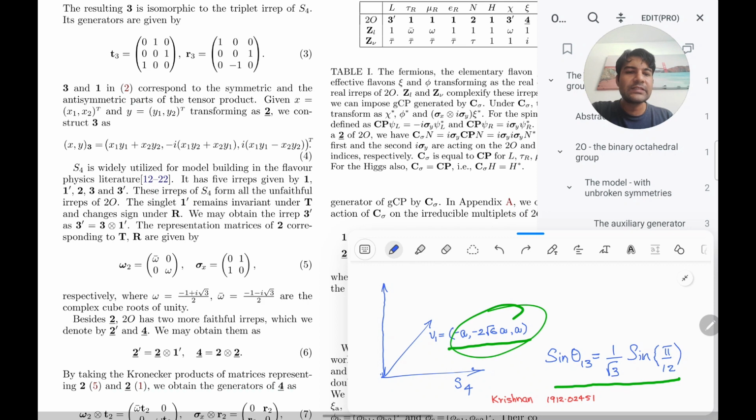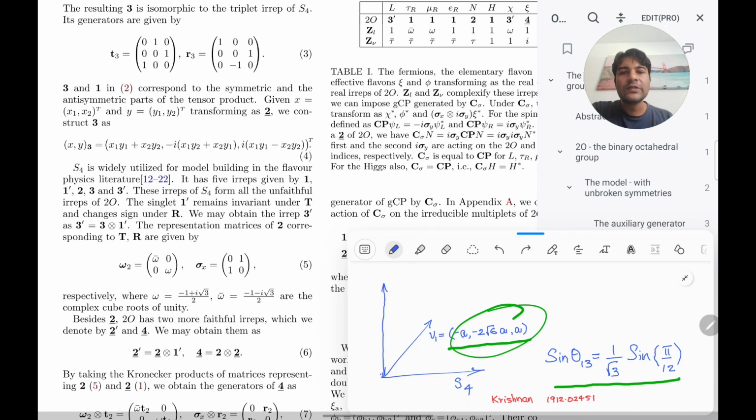I constructed this vacuum alignment by extending the group S4. The extended group was a bit cumbersome, and also the model has the problem of cross terms. So as soon as you consider the cross terms, the vacuum alignment is spoiled.